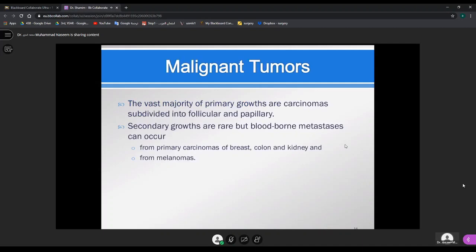Malignant tumors. The vast majority of malignant tumors are carcinoma, divided into follicular and papillary. Secondary growths are rare, but blood-borne metastasis can occur from primary carcinoma of breast, colon, kidney, and melanoma.